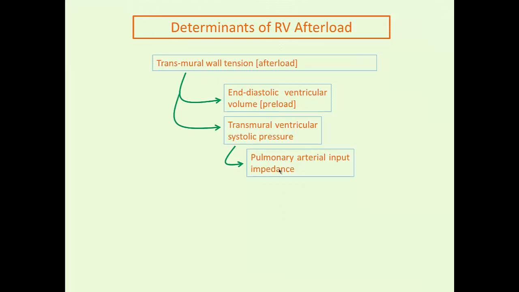And we talked about what this is in Chapter 2, that impedance is a summation of both vascular resistance, which is the more important component to impedance, and which is essentially a function of the total cross-sectional area of the resistance arterioles into which you're ejecting. And reactance is inversely proportional to the compliance of the large vessels into which the ventricle is ejecting.